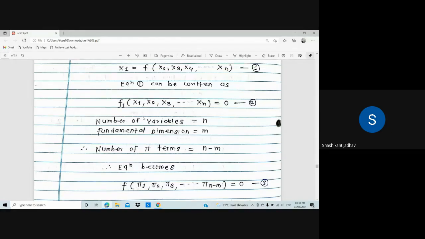So therefore the equation becomes, write down function of pi 1, pi 2, pi 3 up to pi n minus m.